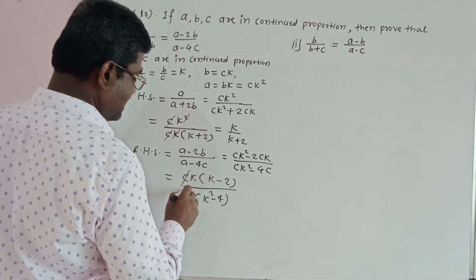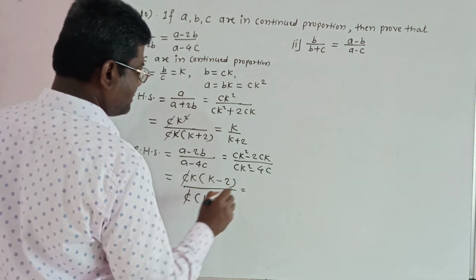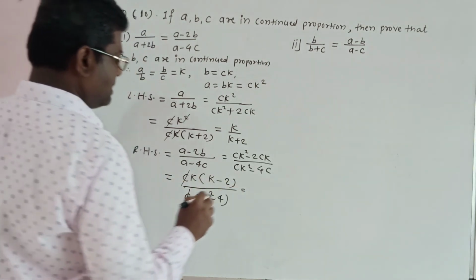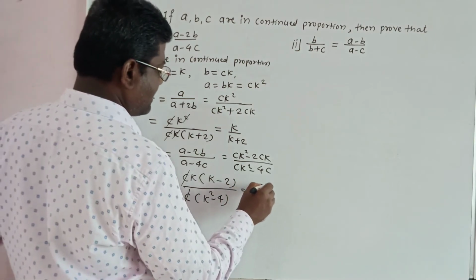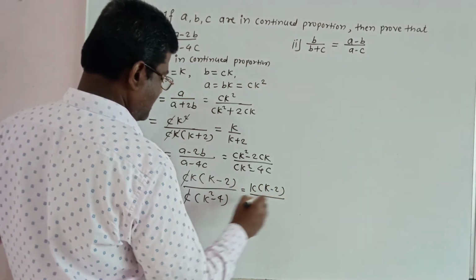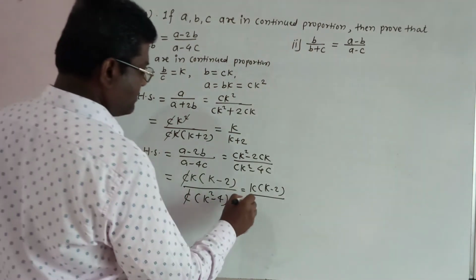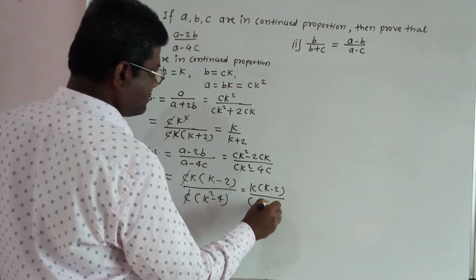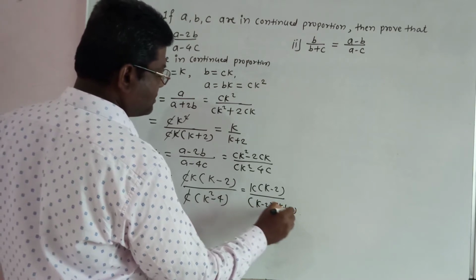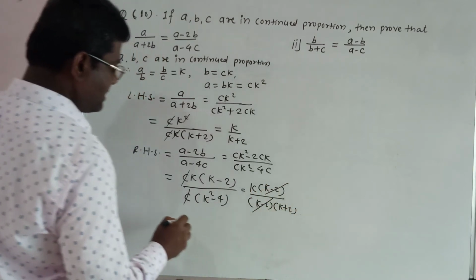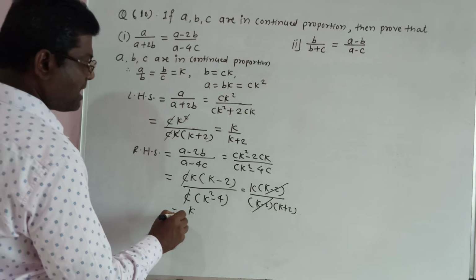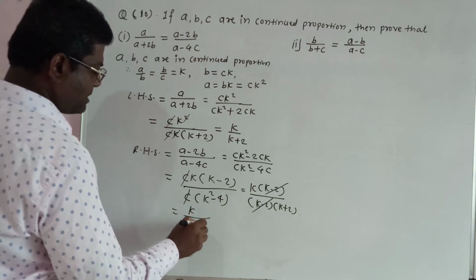This C will get cancelled, so it is k(k − 2) upon k² − 4, which has two factors, (k − 2)(k + 2). k − 2 will get cancelled, so it is k/(k + 2).